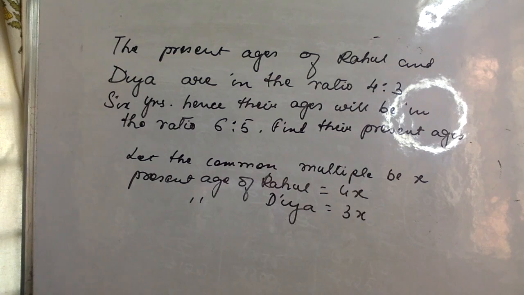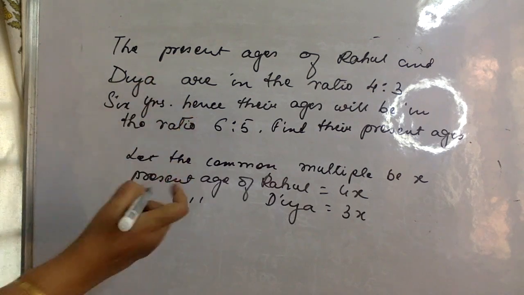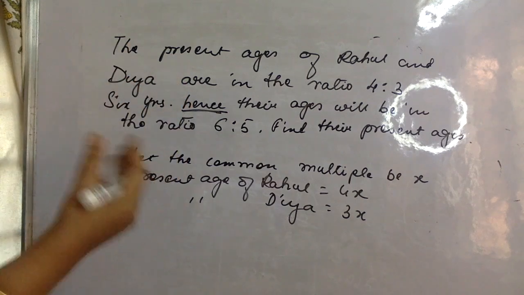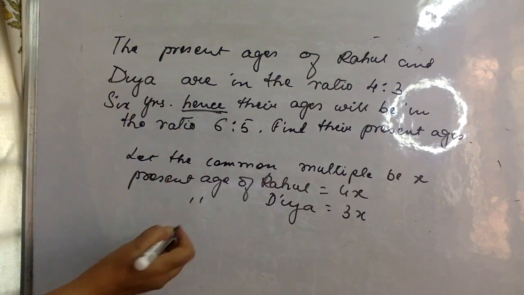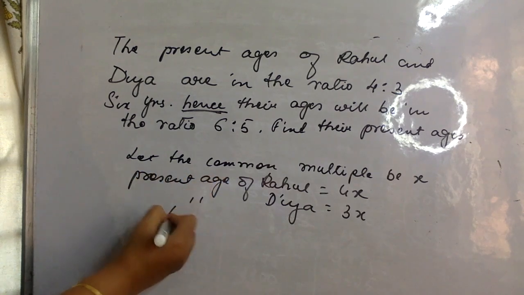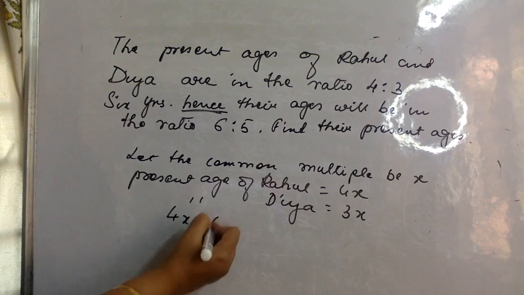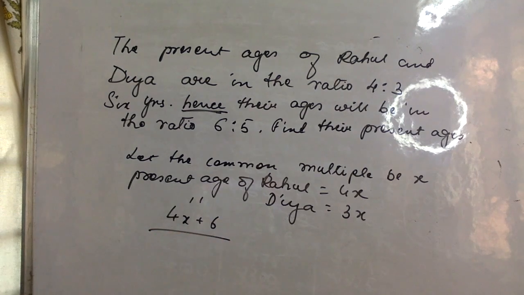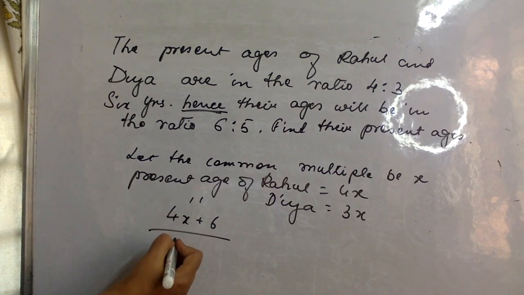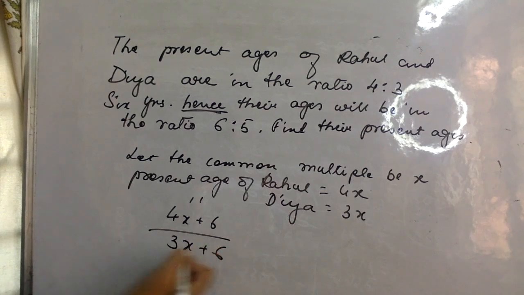Six years hence, the word hence means afterwards, their ages will be in the ratio 6:5. So after 6 years Rahul's age will be 4x plus 6, and Diya's age will be 3x plus 6.